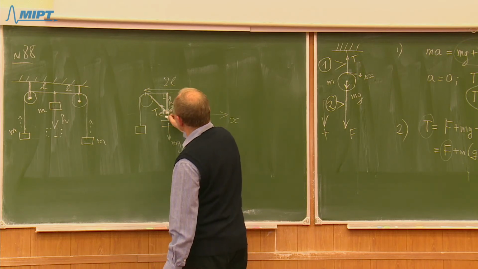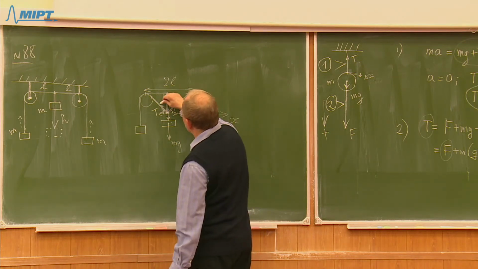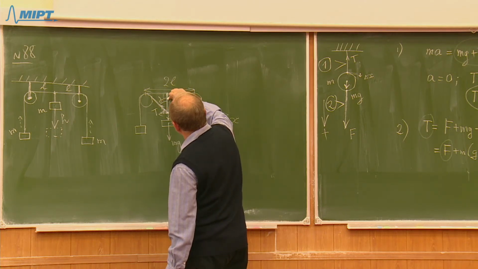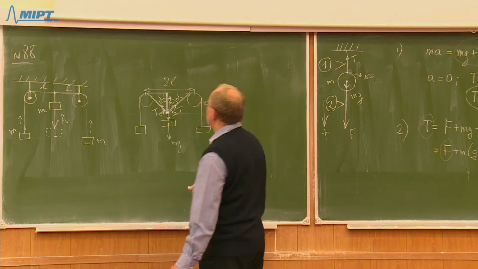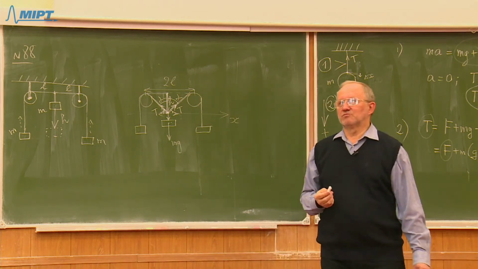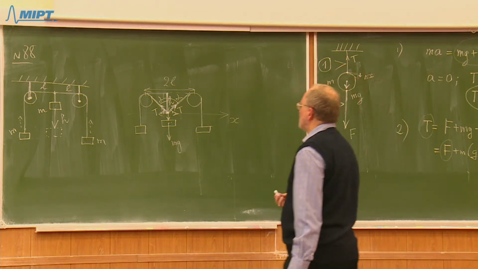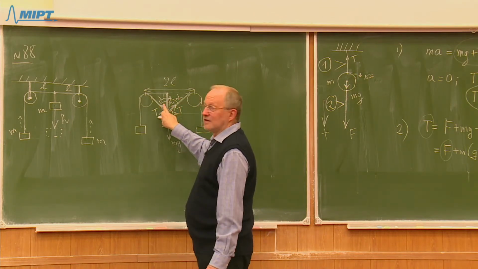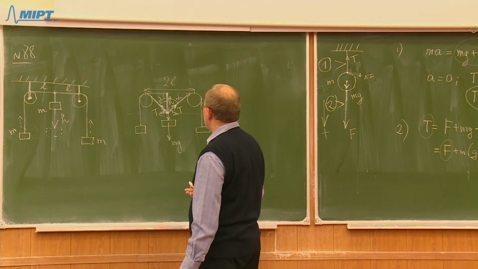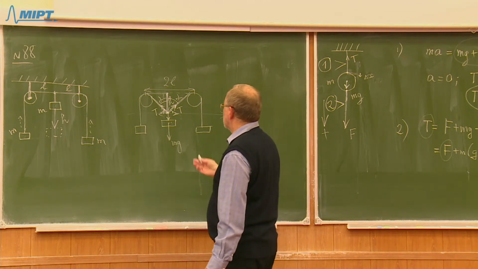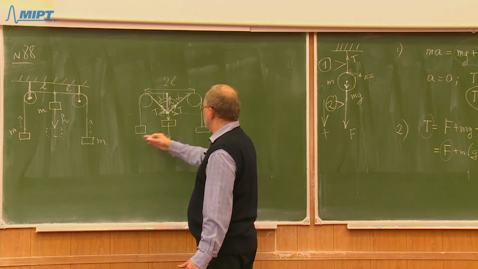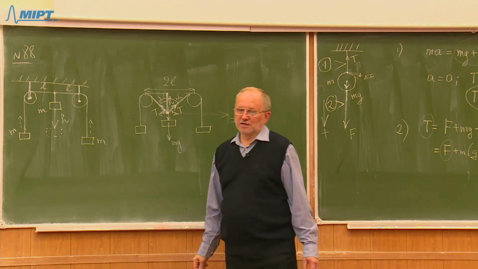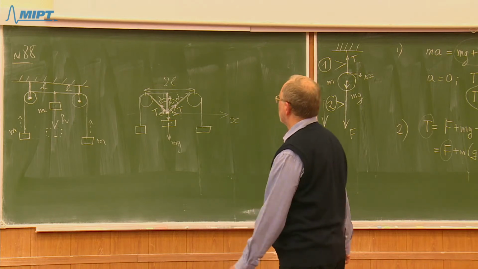This angle alpha must be equal to this angle alpha, because of the symmetry in the problem. If one of these angles were larger than the other, there would be no symmetry.